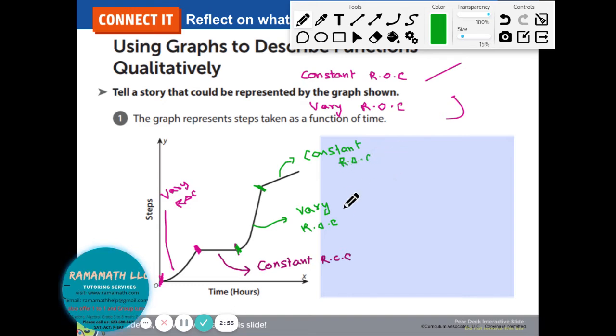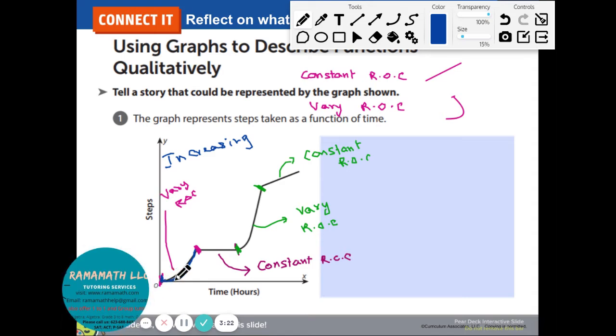Also I want you guys to think of this too. From here to here, is it increasing or decreasing? That's right, increasing.